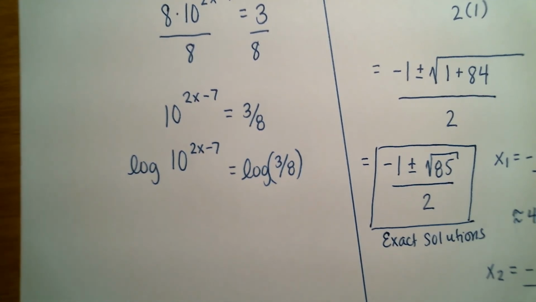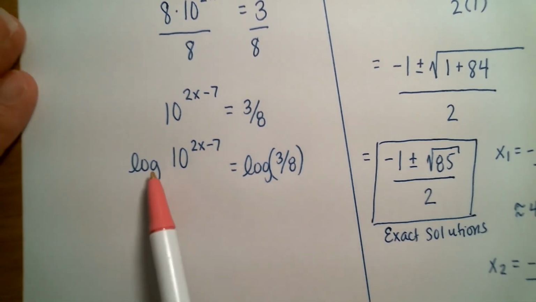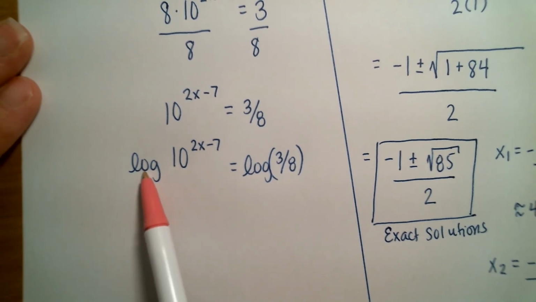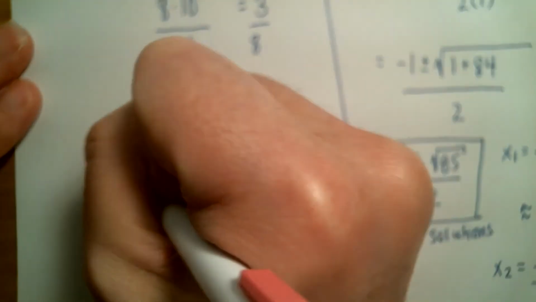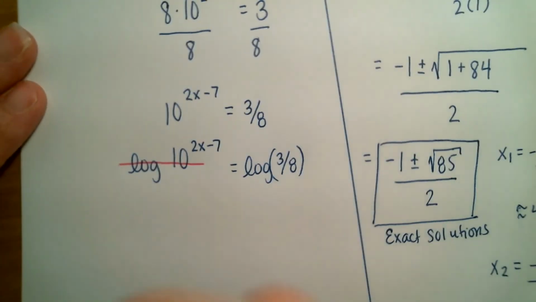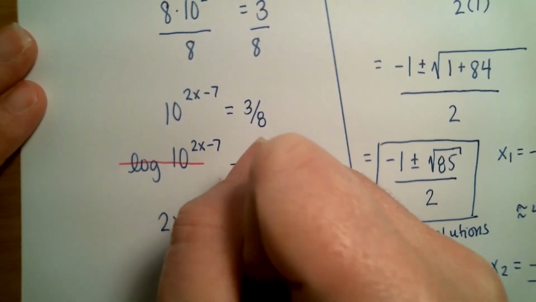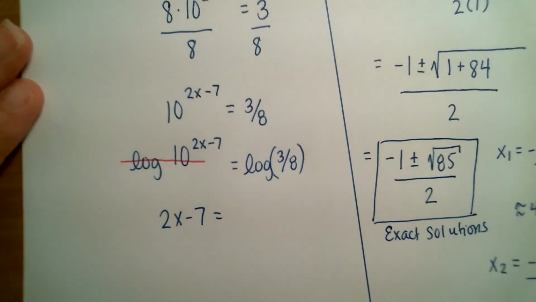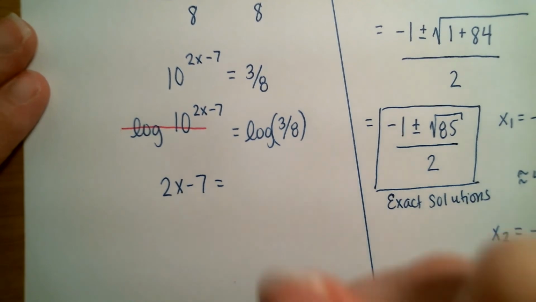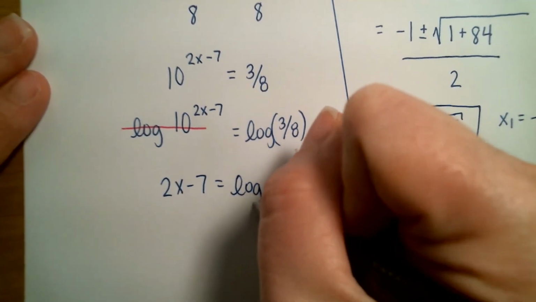Back to the equation, that's what we have on the left side. I have log and 10 right next to each other, so they cancel out and the exponent comes down. So we get 2x minus 7 is equal to the log of 3/8.